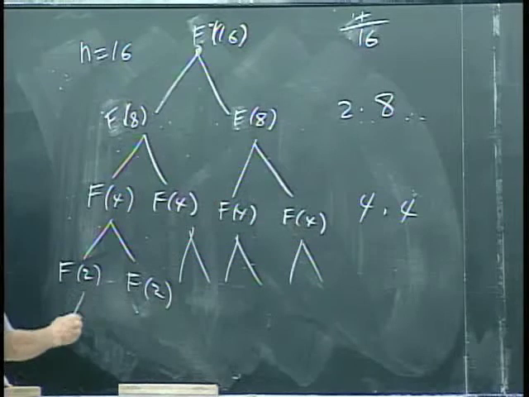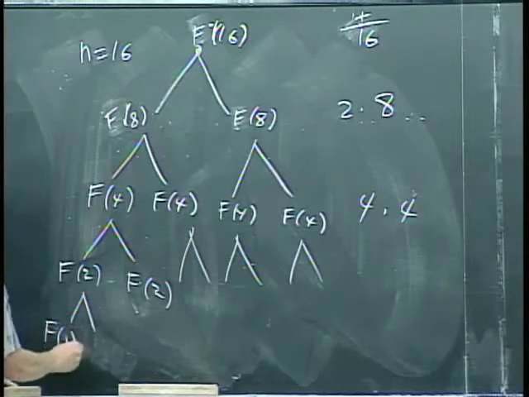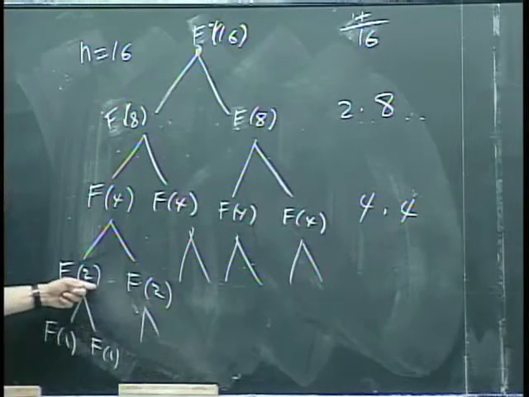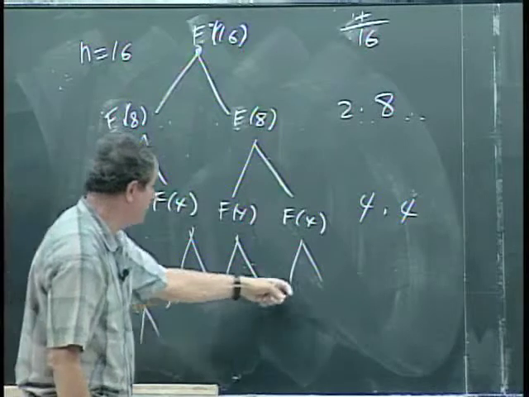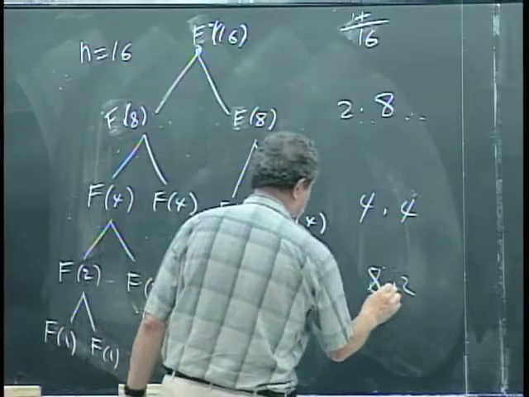And what's f of 2? It's, I don't know, but it's twice f of 1. f of 1, f of 1, okay, plus 2. The 2 is being left behind. And we have 1, 2, 3, 4, 5, 6, 7, 8 of those. So we have 8 times 2. Okay?